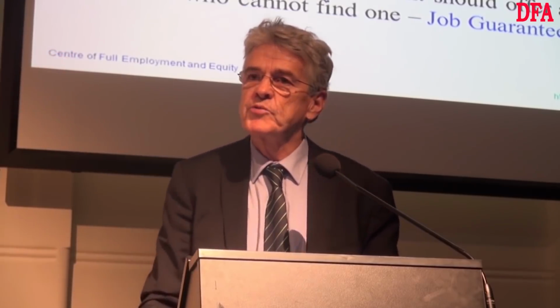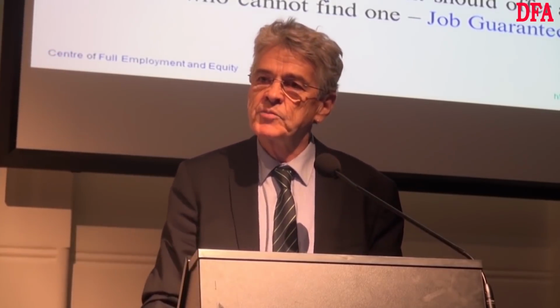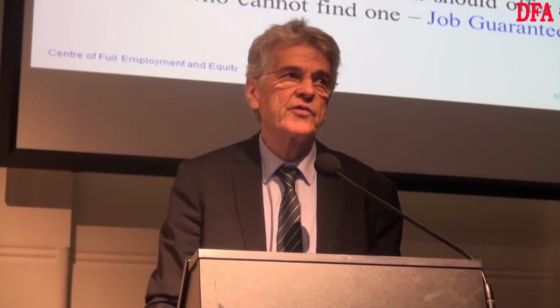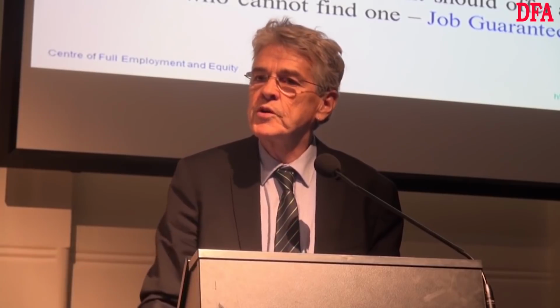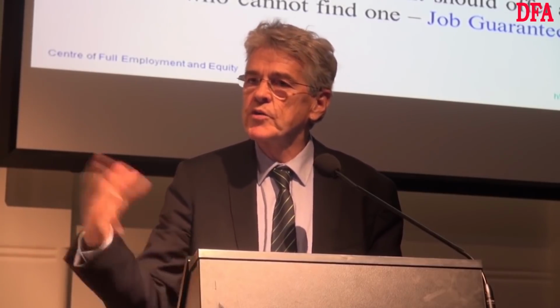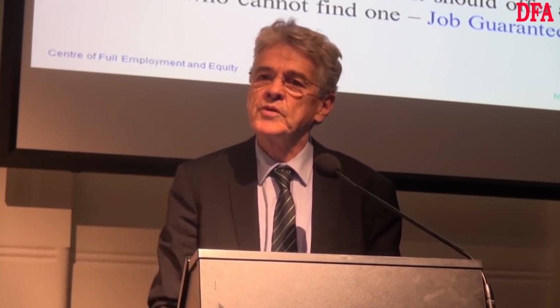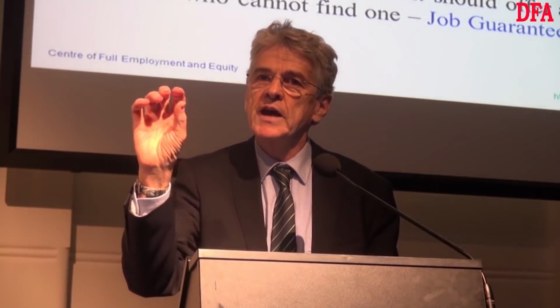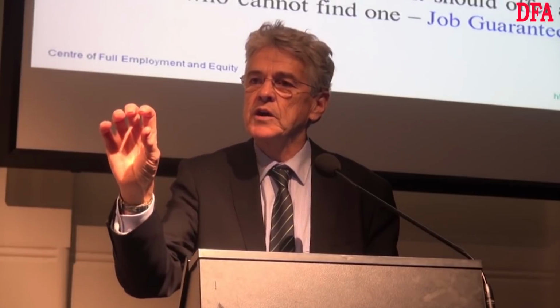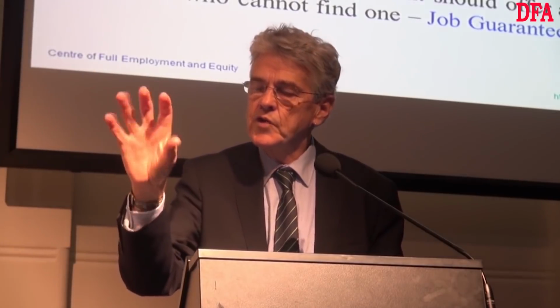Anybody who wants a job tomorrow, go down to the Job Guarantee Office, it's the same place where Centrelink was, and we'll put you on a job. And it might take a while to organise a job, but they'll be employed on a wage, not a below the poverty line dole.